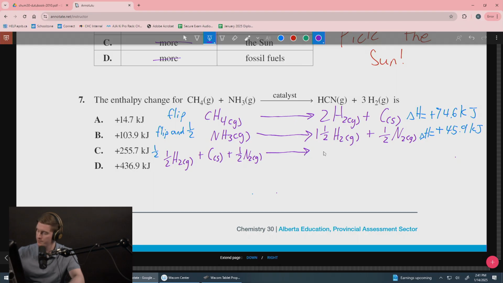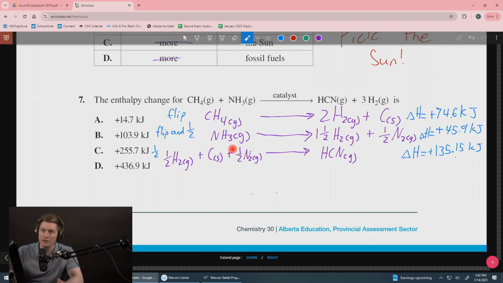It is going to form 1 mole of hydrogen cyanide gas. Because I halved all of the coefficients, I also halved the enthalpy change. I don't need to change the sign on it though, because I didn't flip the reaction. So it was positive 270.3 kilojoules. Now it's positive 135.15 kilojoules.